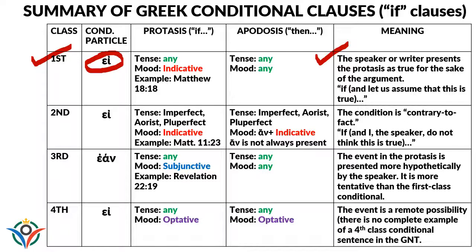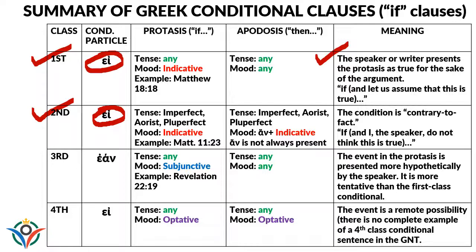And then the second class conditional clause is also marked by the conditional particle ei. The tense in the protasis this time is either the imperfect, the aorist, or the pluperfect, and the mood is once again the indicative. An example there is Matthew 11:23. And then in the apodosis, the tense is also imperfect, aorist, or pluperfect.